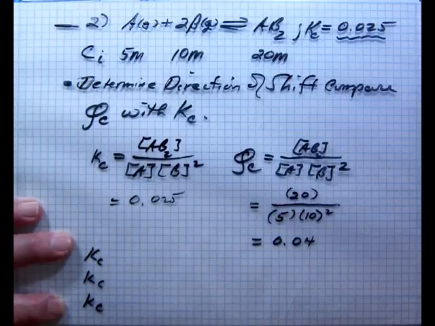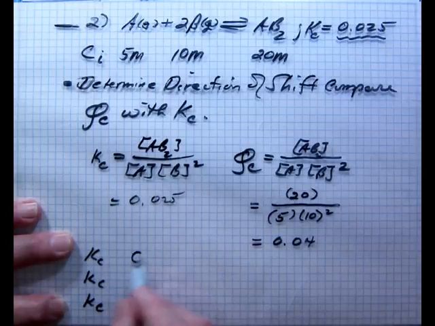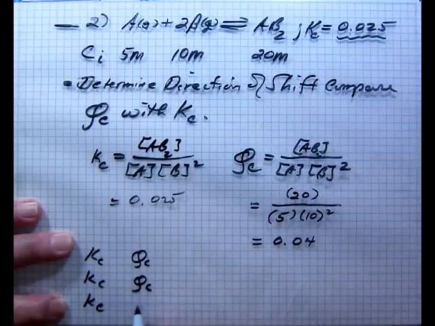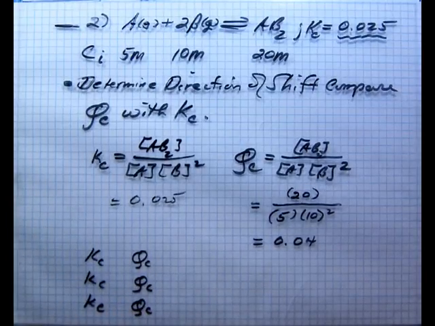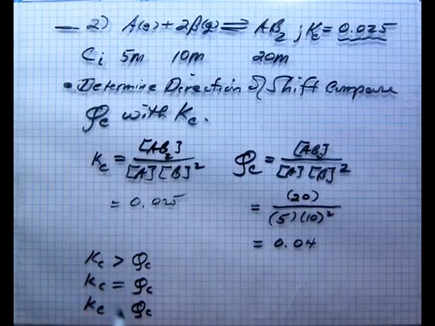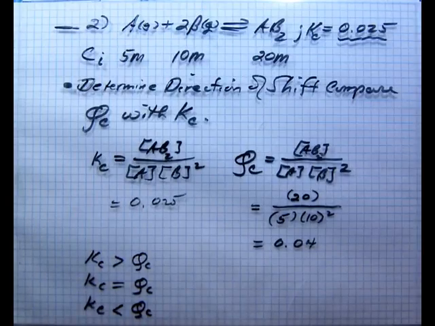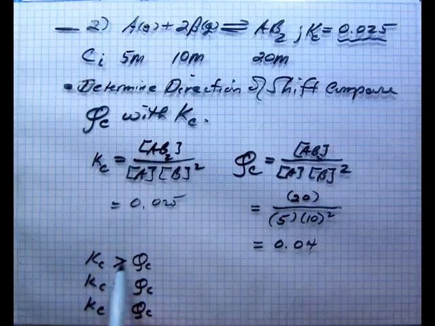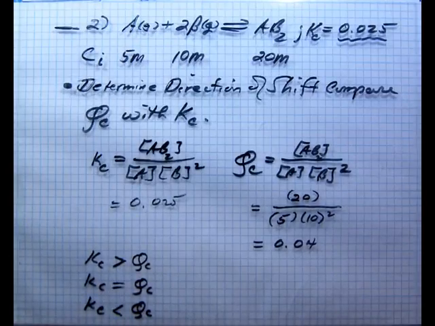K comes before Q in the alphabet, so the first thing is the K. Then follow with QC, QC, and QC. I put the equals in the middle and insert inequalities. It doesn't matter. Just be sure they are opposite, like this. If you set this up in this context, the arrow points in the direction that the reaction will shift.